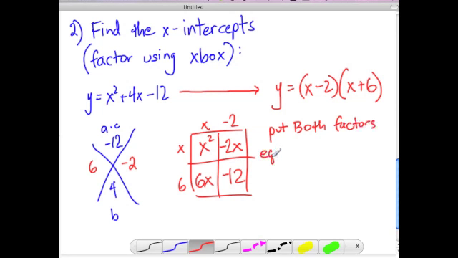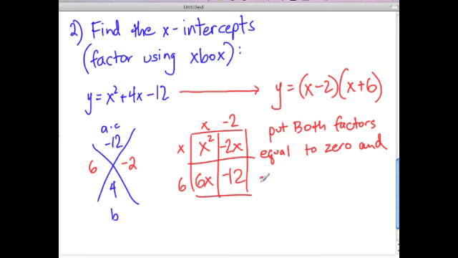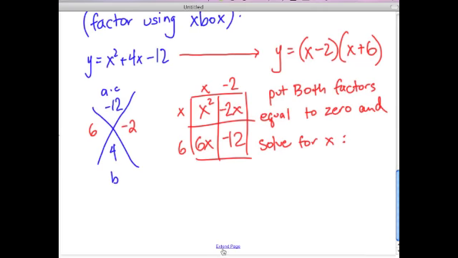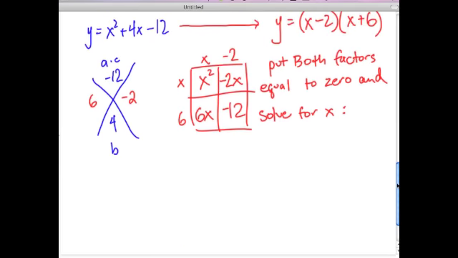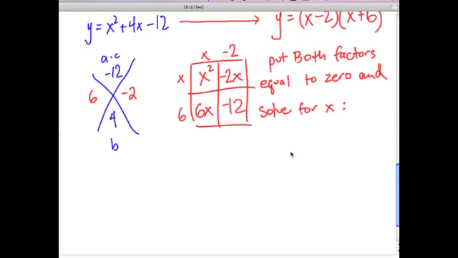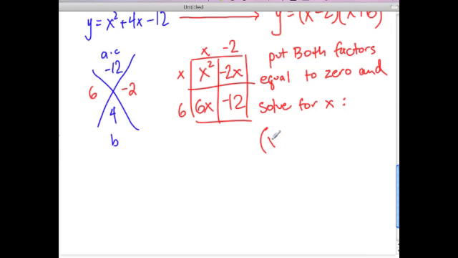The next thing we're going to do is put both of those factors equal to 0. And when we get to the graph, I'll pause the video and show you why we put both of those values equal to 0. So I'm going to take x minus 2 and make it equal to 0. I'm going to take x plus 6 and make it equal to 0. Right now you may be thinking, why do we do that? I'm going to show that to you later on the graph.